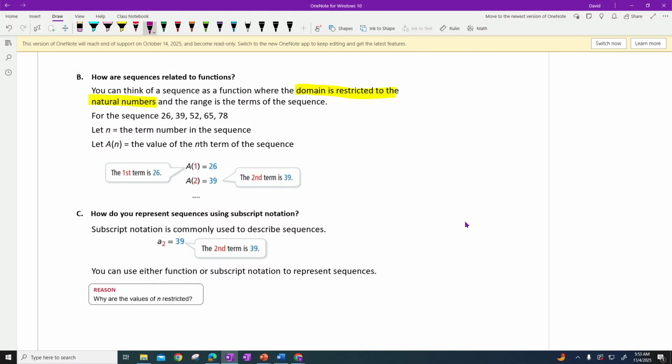And so natural numbers were those kindergarten numbers, 1, 2, 3, 4, etc. Okay, so you can't have a decimal of a term. That's one of your questions today that they're going to ask you about. And we talked about that a little bit just yesterday. Okay, so the first term and second term, you can't have a 1.5 term.